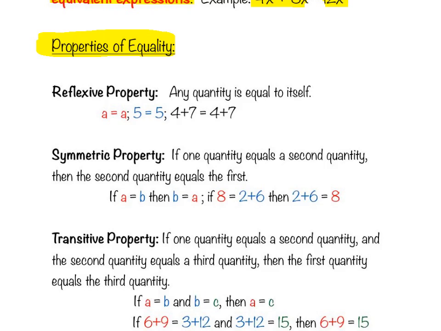So it says this, if A equals B, then B equals A. And if 8 equals 2 plus 6, then 2 plus 6 equals 8. That's called the symmetric property. If one quantity equals a second quantity, then the second quantity is equal to the first.